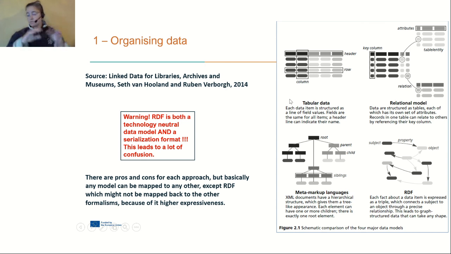But otherwise, you can think of them as more or less equivalent. Another point before I move on, and this created a lot of confusion for me in the past, is that RDF is both a methodology for modeling data, but it's also a serialization format.